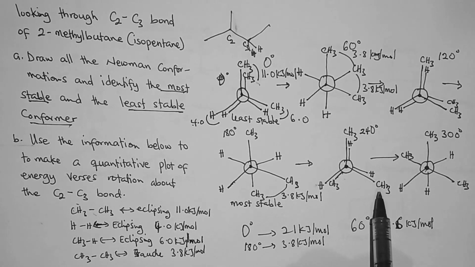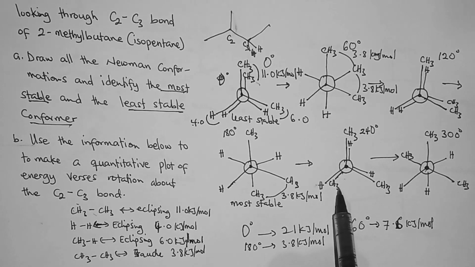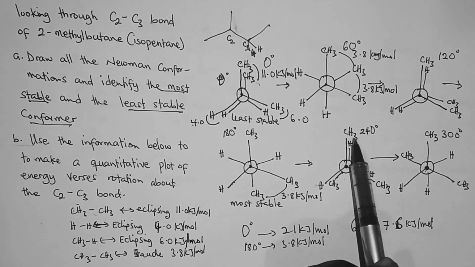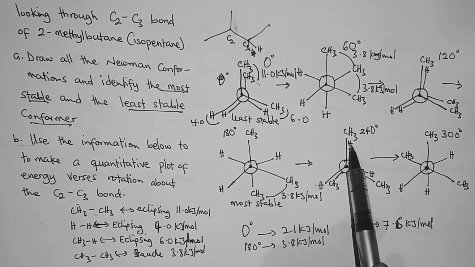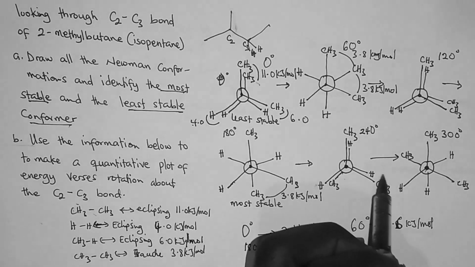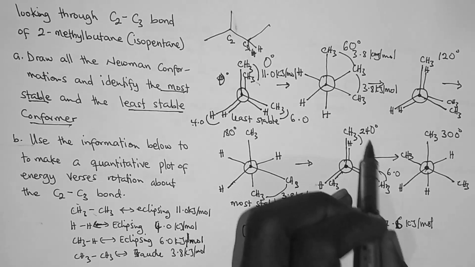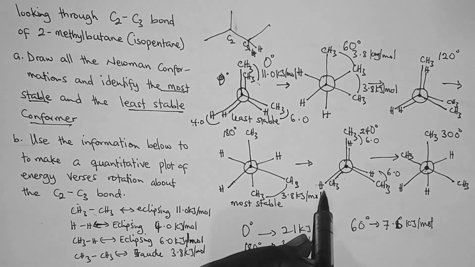And then let's go ahead and come to this side. For this side, we have a CH3-H eclipsing, and we also have a CH3-H eclipsing, and we also have a CH3-H eclipsing here. So here is 6.0 kilojoules per mole. This side too is also 6.0, and then this side is also 6.0.